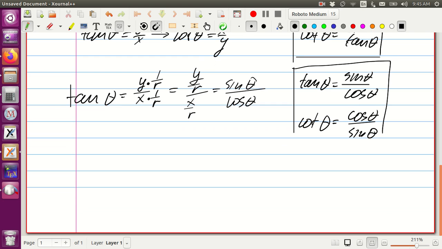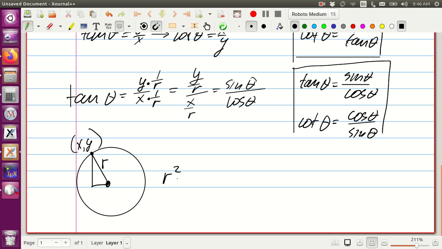Another interesting thing that comes from a circle is if you take any point x comma y on a circle and the radius is r, we know that r squared is equal to x squared plus y squared. But what you can do is divide everything by r squared on both sides.